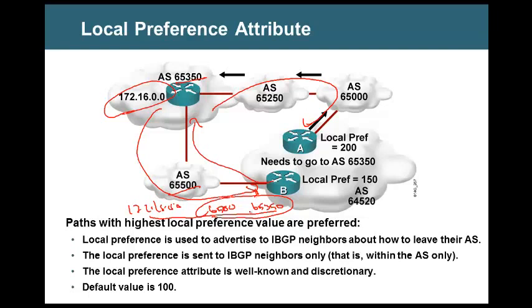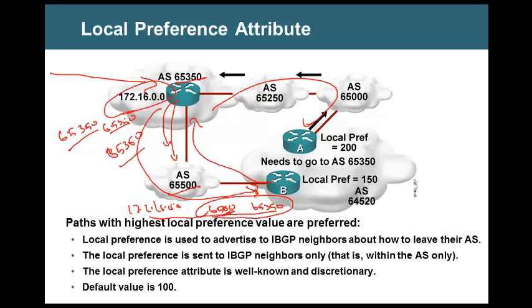Now what I can do is go to this router and say, before you send the update out, put your autonomous system 5 times: 65350, 65350. So it has put 65350 repeatedly and is sending it here.